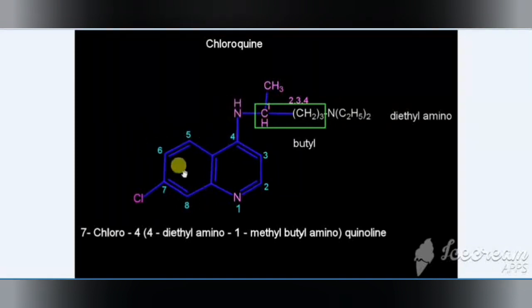So what is the chemical name? 7-chloro, 4 for this quinoline ring, 4 open bracket, again 4 for that butyl, 4-diethylamino, 1-methylbutyl, amino, quinoline. So that is the chemical name of chloroquine.